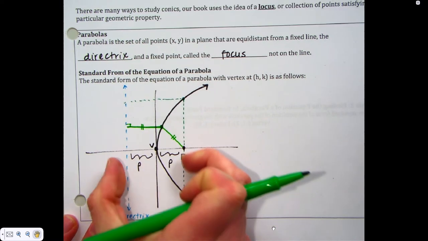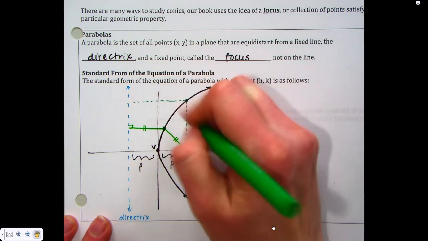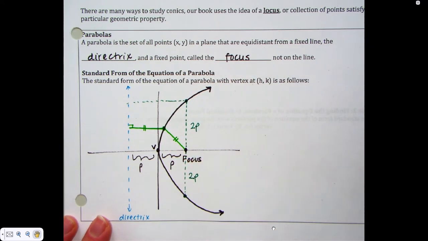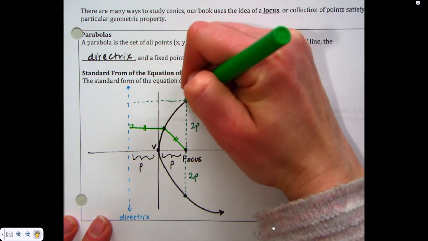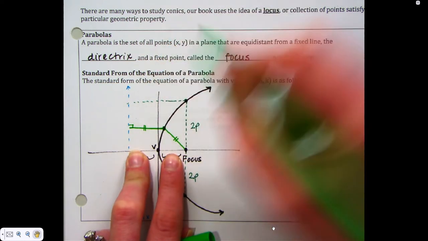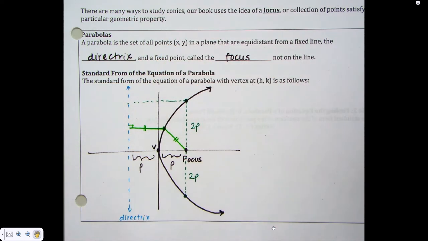That I can compute. That would be 2p. And therefore, this would also be 2p up and down, because the distance from the point to the directrix, that would be p plus p, if you look at down below, would be the same going from the point to the focus.